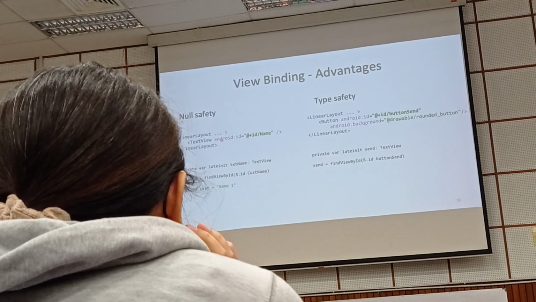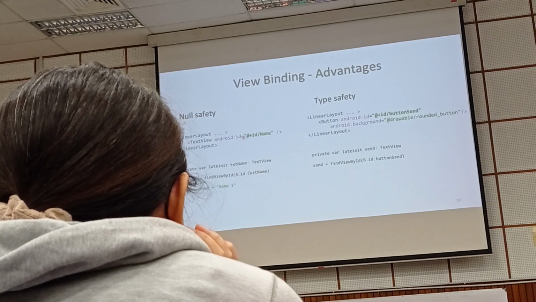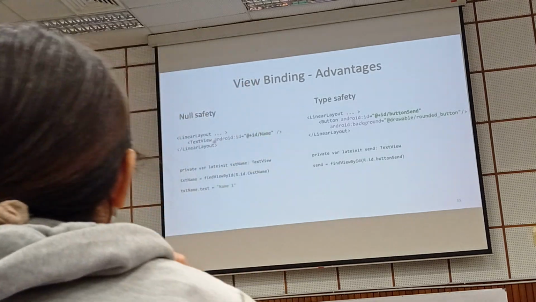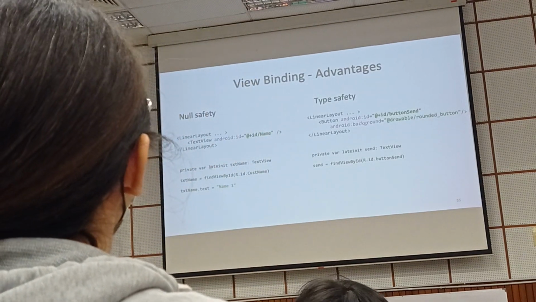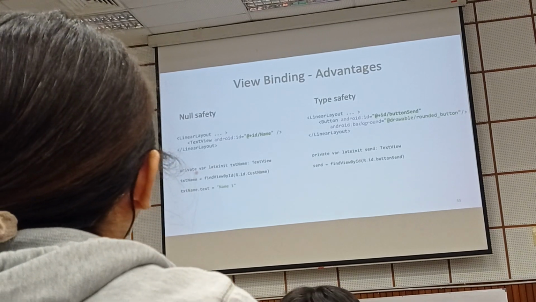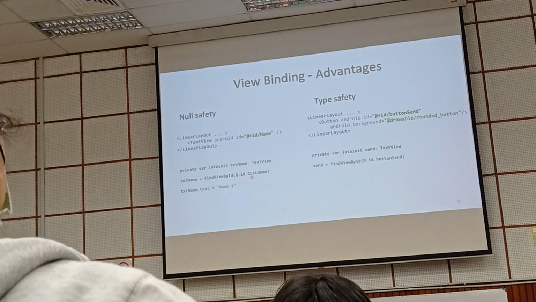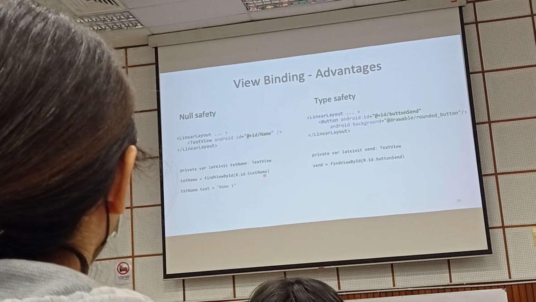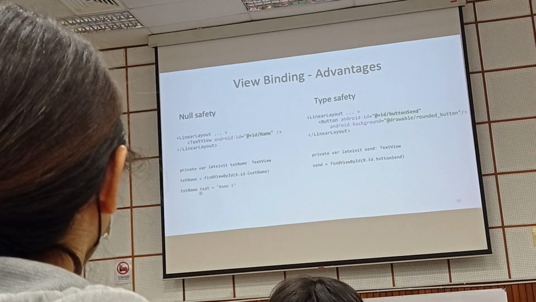For example, let's say in the layout, you have assigned an ID called name to this text view. But then, in your code later on, you declare a variable and you call find view by ID, but you put customer name instead.